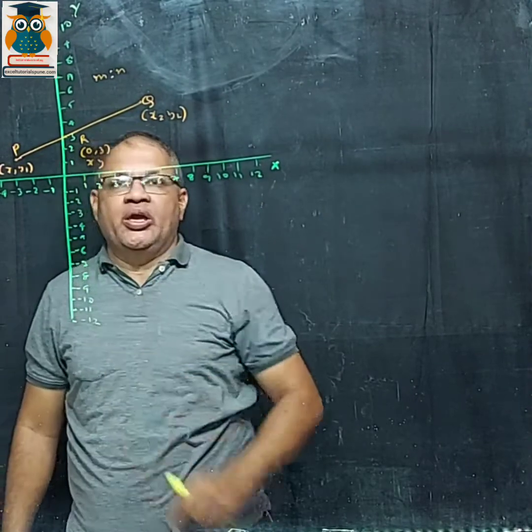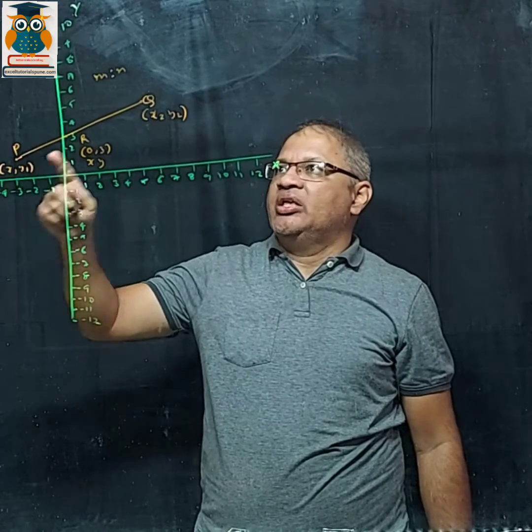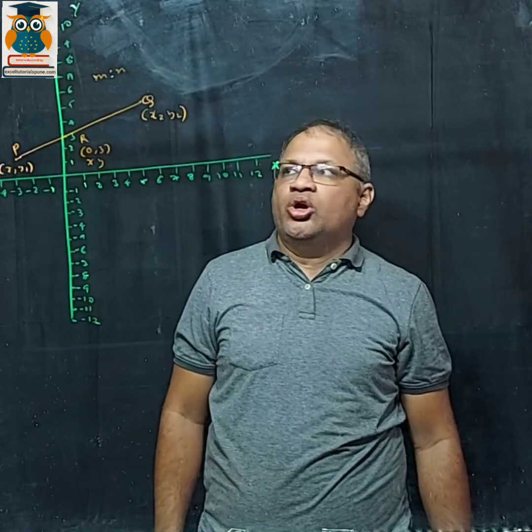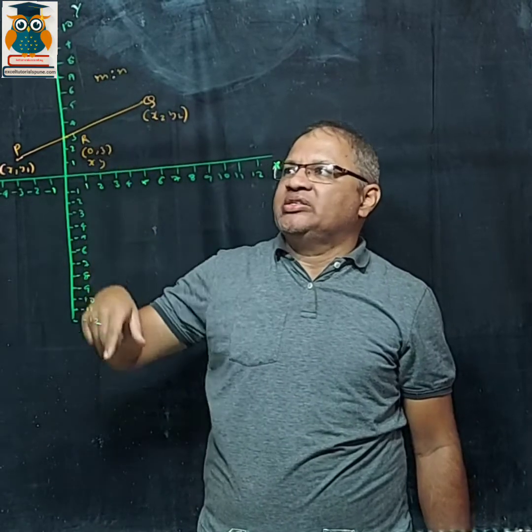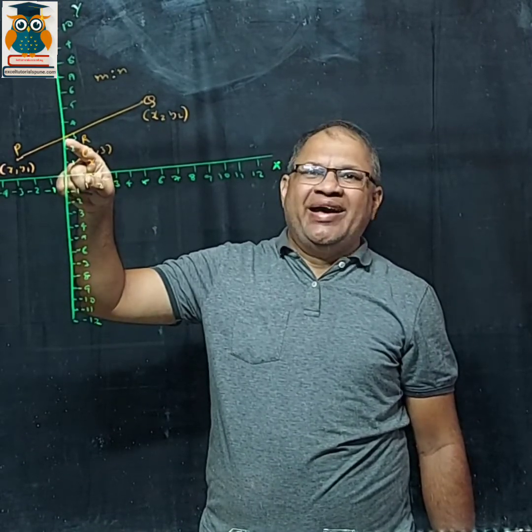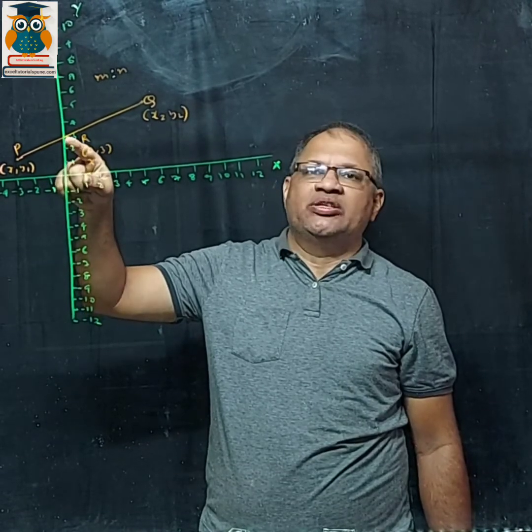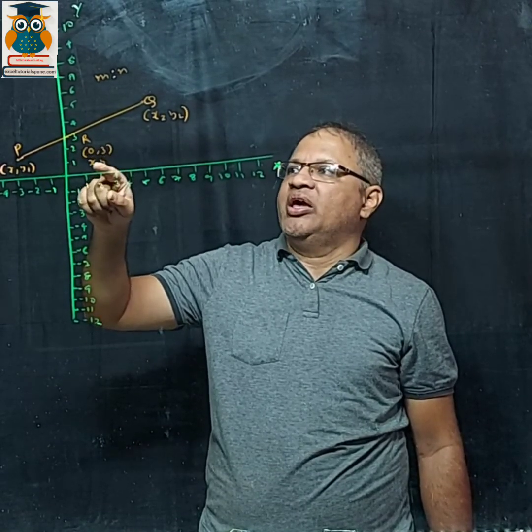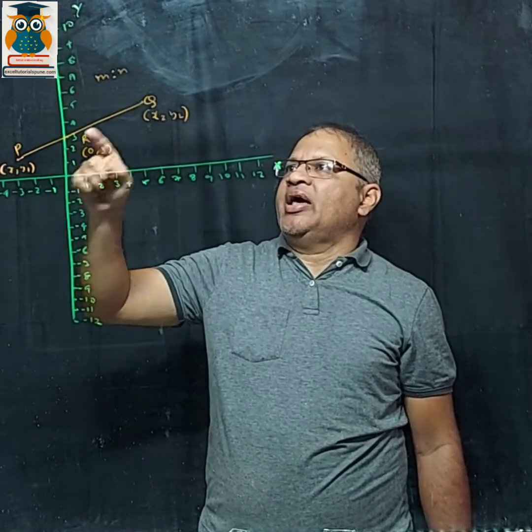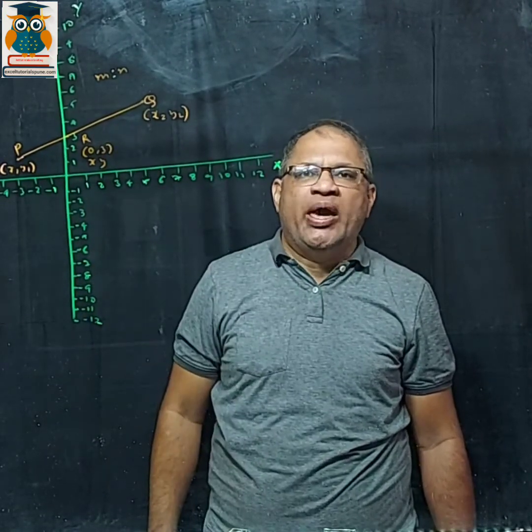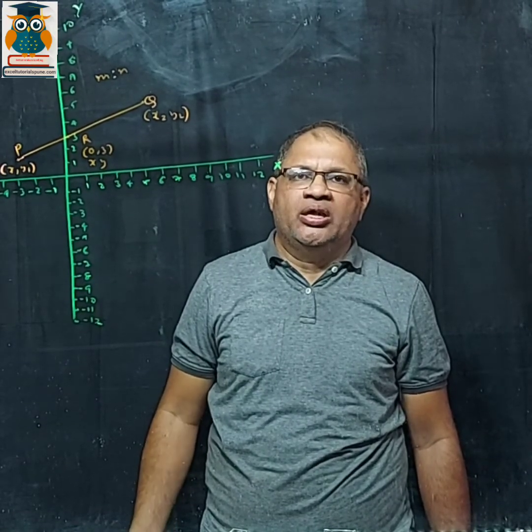Supposing there is a point P, the coordinates of point P are (x1, y1), and supposing there is a point Q, the coordinates of Q are (x2, y2), and if it cuts the y-axis at some point R, the coordinates of R will be (0, 3) because it's passing through 3. And this PR:RQ, the ratio is m:n. Okay, it can be any ratio. They'll give it to you in the exam.